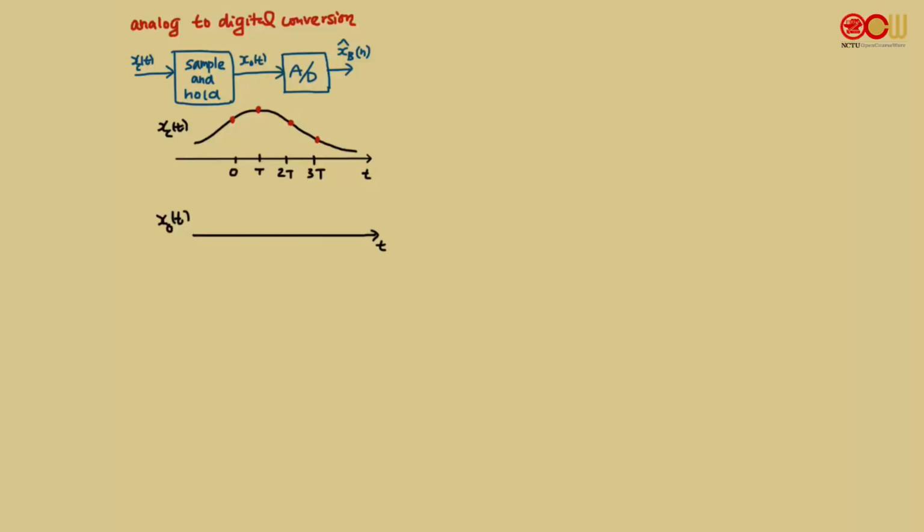It would have the value here. It sampled the value of xc at multiples of T and then hold it for a period of T. So this is what the output of sample and hold looks like. It looked like a staircase.